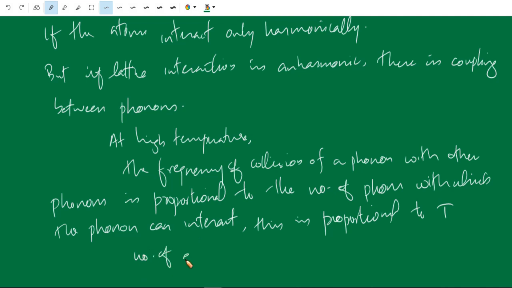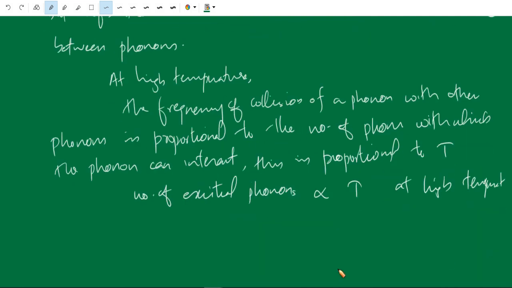Number of excited phonons is proportional to temperature T at a high temperature. Okay, so you get 1 by e raised to h nu by kT minus 1 is proportional to kT by h nu, that means h cross omega. So at high temperature, h cross omega by kT is very small.